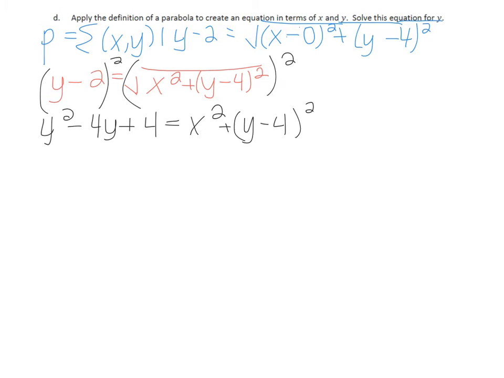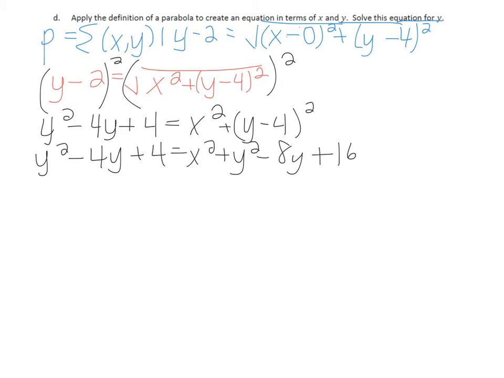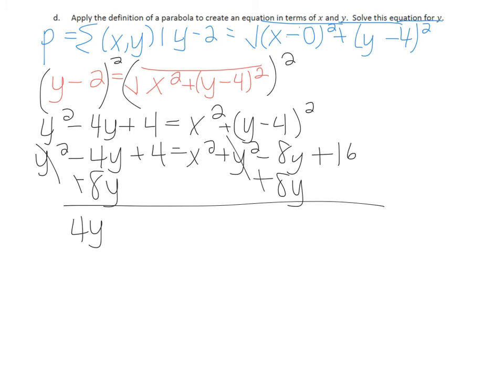Simplifying this further, I get that y squared minus 4y plus 4 is going to equal x squared plus y squared minus 8y plus 16. Combining like terms, the y squared cancels with this y squared, and if I add 8y over, I will get 4y plus 4 equals x squared plus 16.